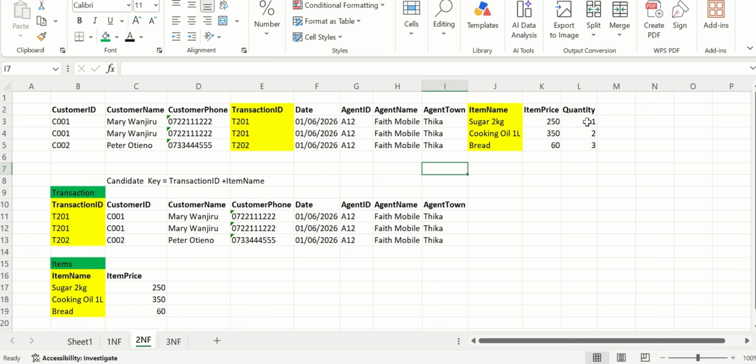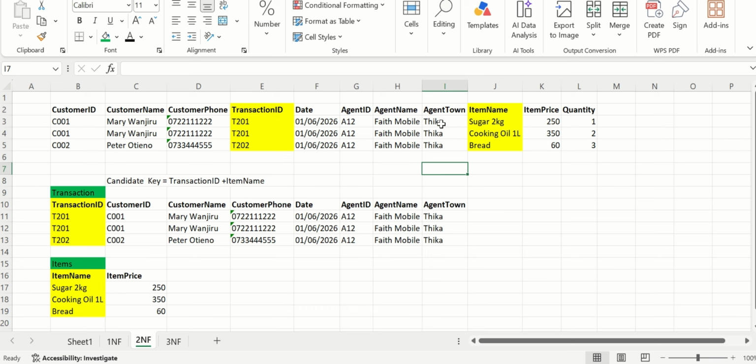It's like student marks. For us to specify marks of a specific student, first of all we need a student number and the course of those marks. So student and course ID, all of them form the candidate key.